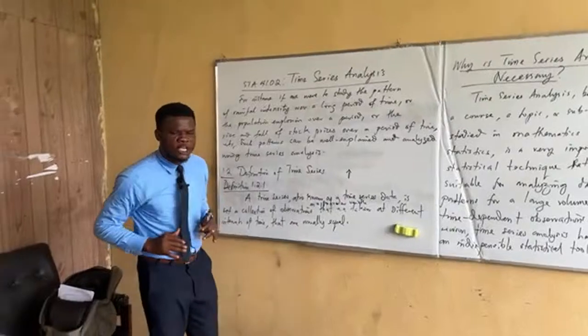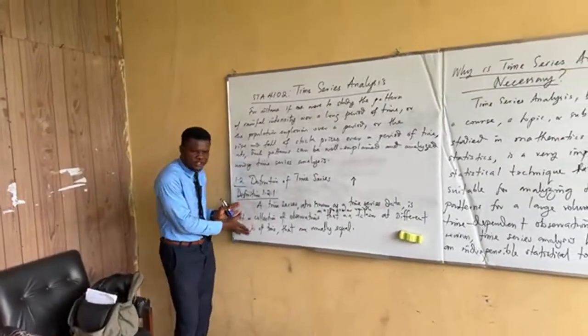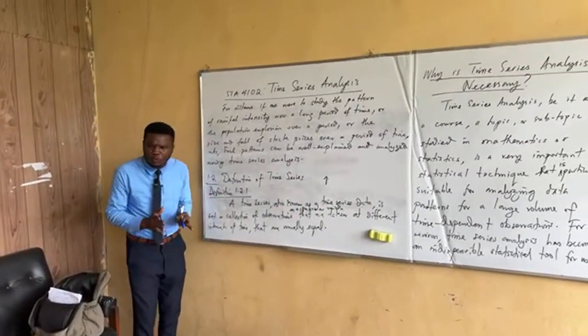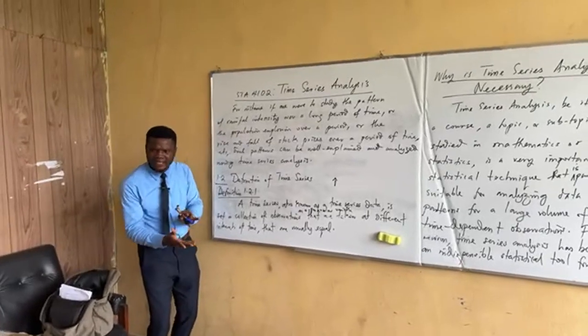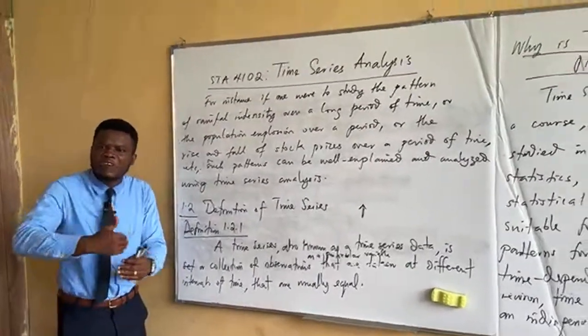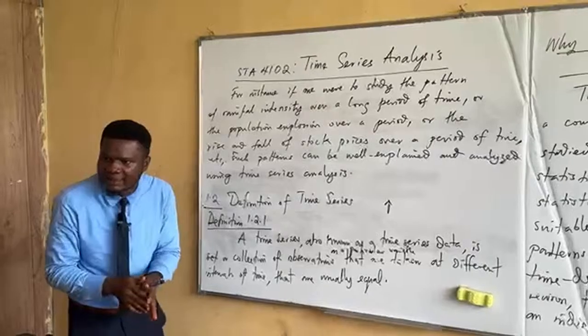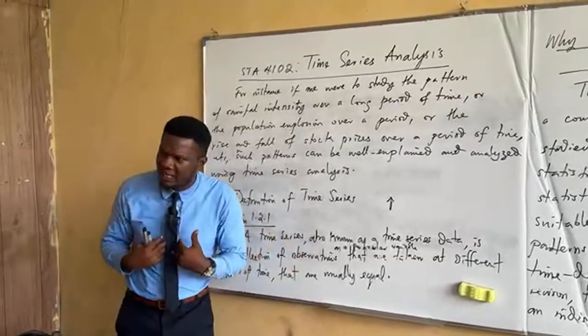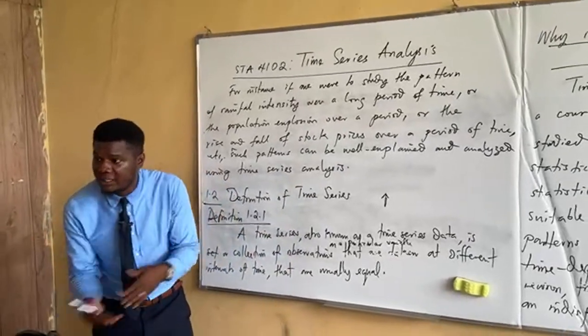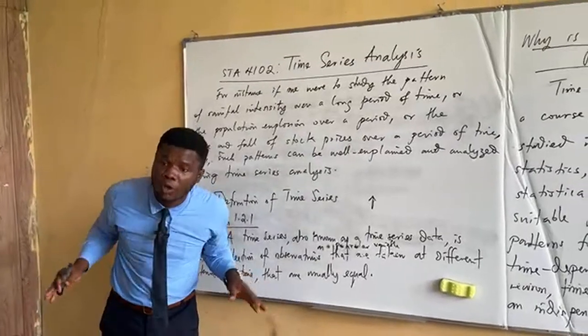Now, this definition, which we are calling definition 1.2.1, gives foundation to the mathematical definition. Whether you give me this in the exam or the mathematical definition, I will take any one. You are correct.